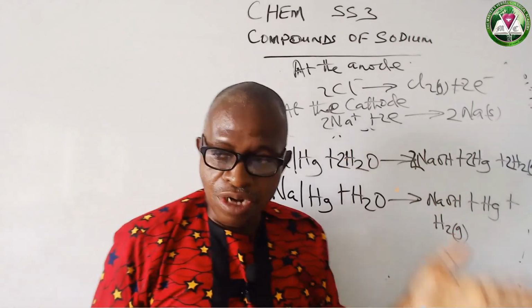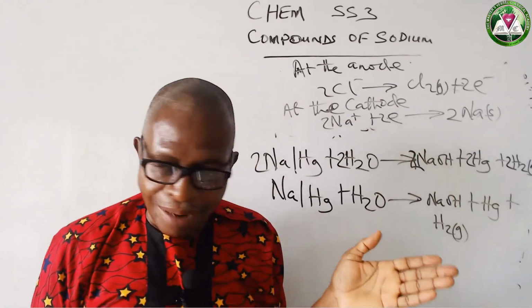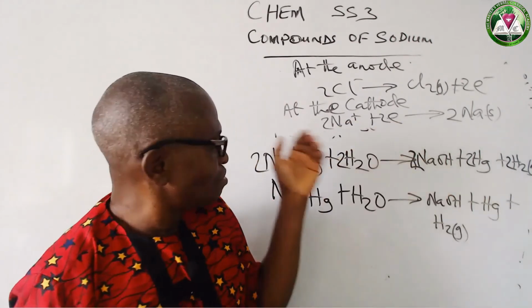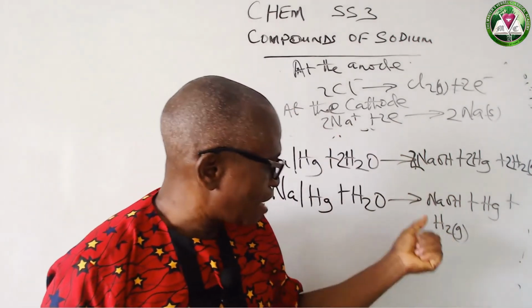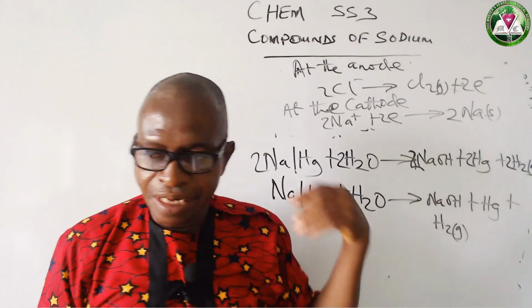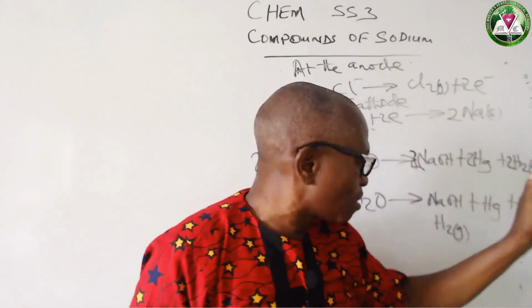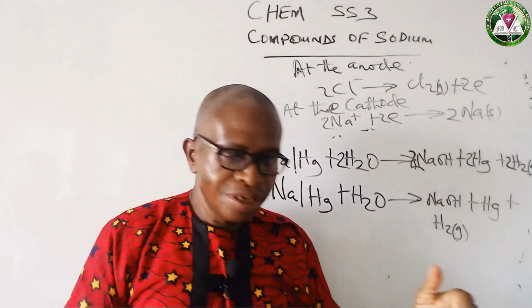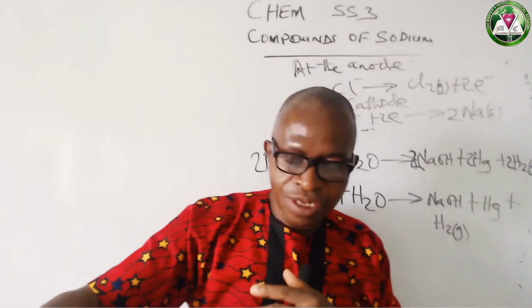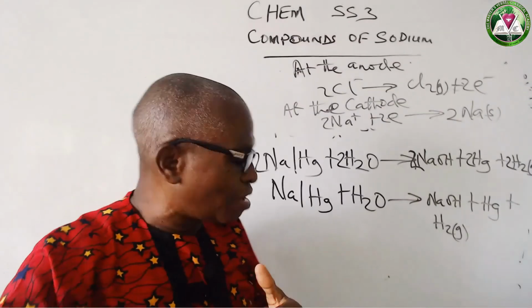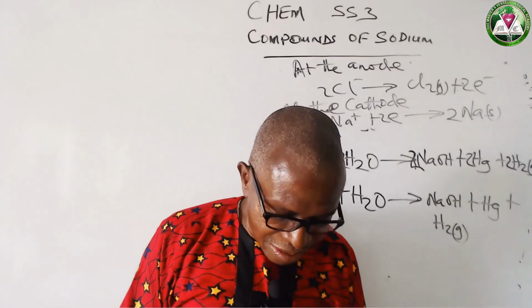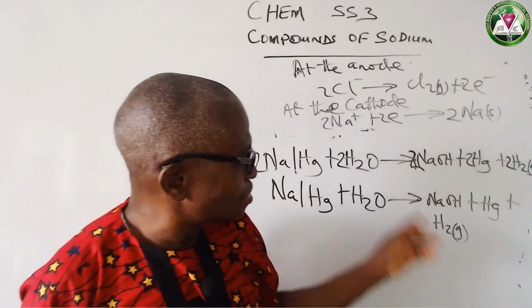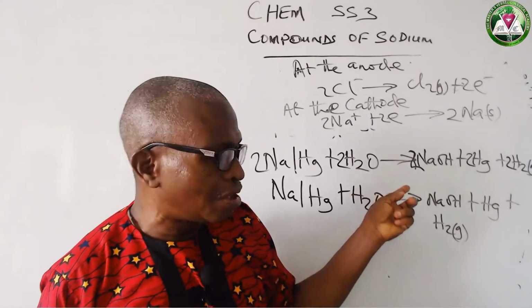The sodium mercury amalgam is dissolved in water to give you sodium hydroxide, mercury, and hydrogen gas. The hydrogen gas is liberated out of the system. The mercury, you will now recycle it because you are using mercury as your cathode. Therefore, you will recycle it back so that it will be serving as your cathode.